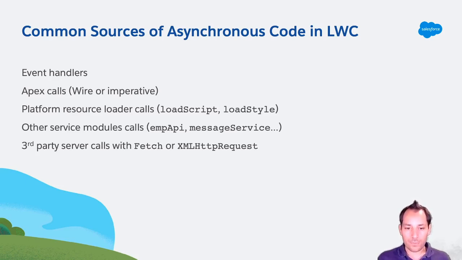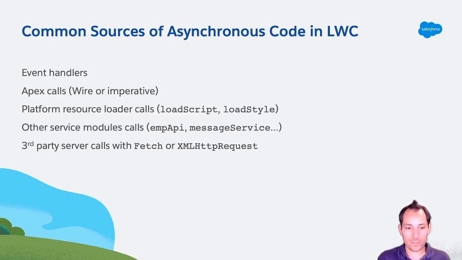The first one, for example, is empApi. This is the API that actually lets you subscribe to platform events or change data capture events. And the message service is the Lightning Message Service, which allows you to send or receive Lightning messages. Finally, it's also part of the native JavaScript features.